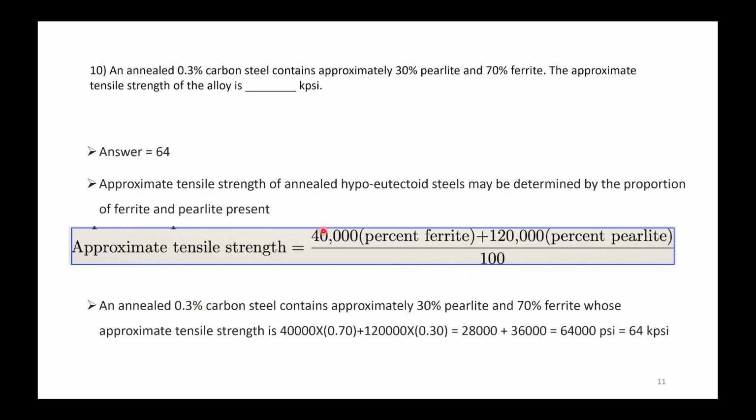So in this case, as you are given 0.3% carbon steel which contains 30% pearlite and 70% ferrite, you can multiply 40,000 times 0.7 plus 120,000 times 0.3. So it will give 28,000 plus 36,000, which will give you 64,000 psi. And in kilo psi you can divide by 1000, so it will be 64 kpsi.